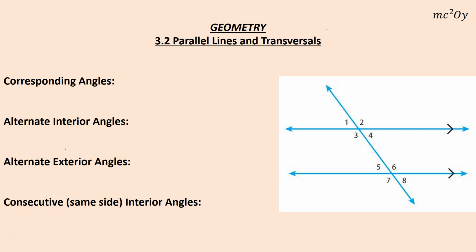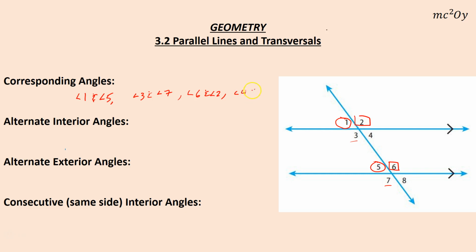So corresponding angles: angle 1 and angle 5 are corresponding. Say angle 3 and angle 7, 2 and 6, and 4 and 8.